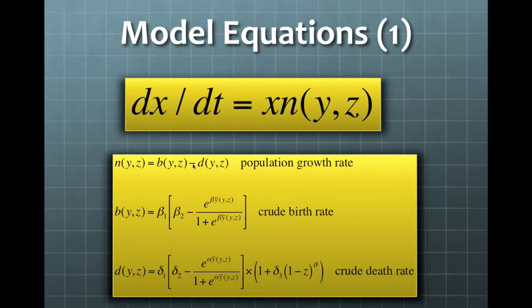The function is essentially the difference between births and deaths. That's the population growth rate. And in here, the number of births and number of deaths are tied to the production output, so to the economics, and to the availability of nature or natural capital, in both cases. The equations are given here.